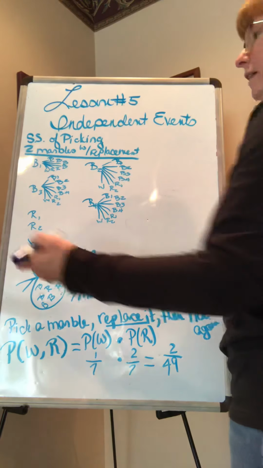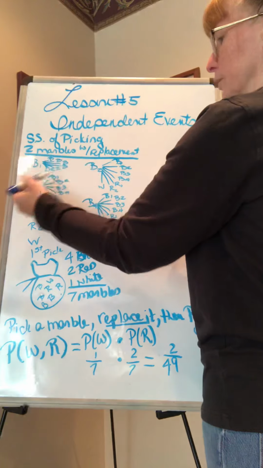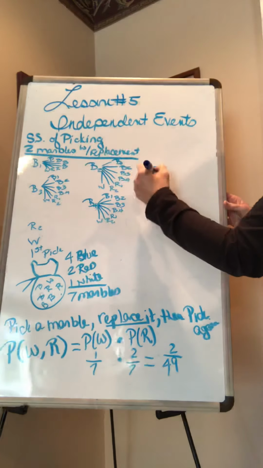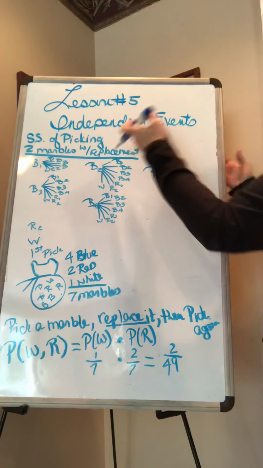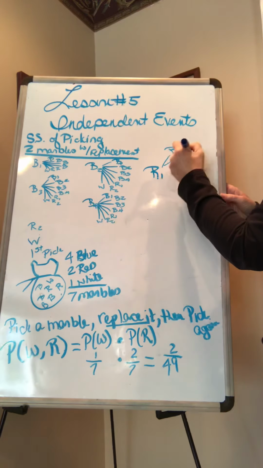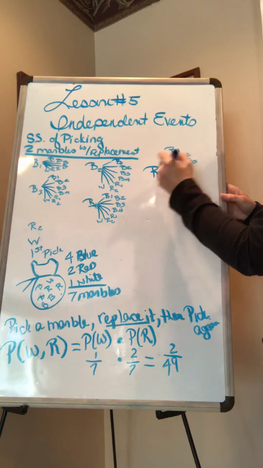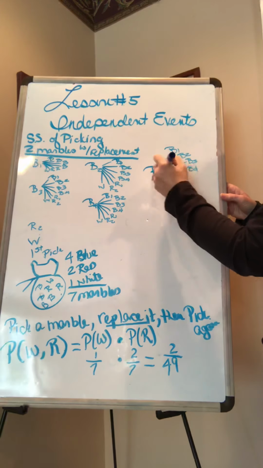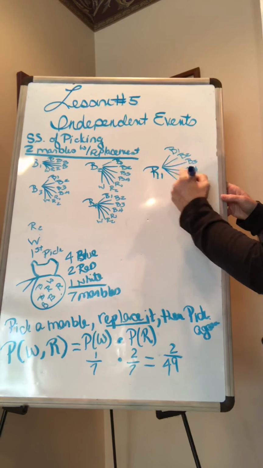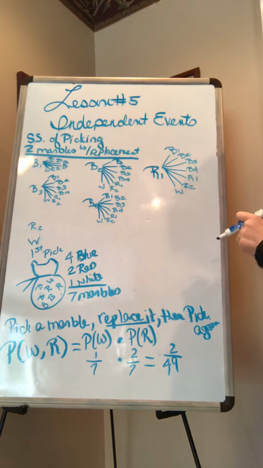Now you have to say to yourself, all right, I didn't pick blue 1, blue 2, blue 3, or blue 4. I picked the first red marble. So if I pick the first red marble and then I replace it, I still have blue 1, blue 2, blue 3, blue 4, red 1, and red 2, and the white in the bag.